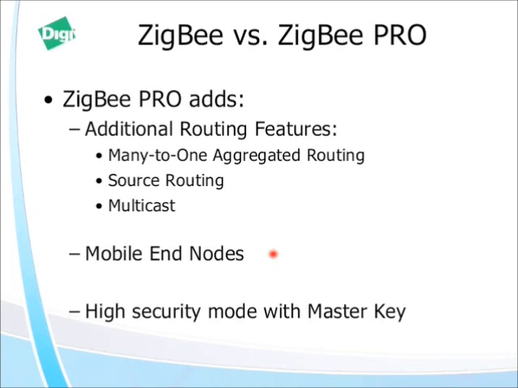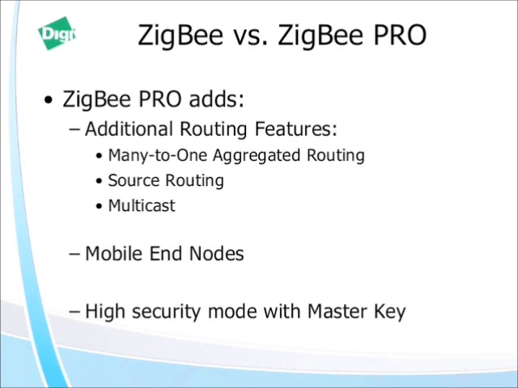Well, if you have some sort of a mobile device, be it a ZigBee node on a cart in a warehouse or in somebody's wristwatch or something like that, what you actually want is that device to very easily reparent itself on another router, and then possibly even disassociate itself when it goes back to sleep to allow for more of those types of nodes to assign to one router. That's what mobile end node device support is all about, and that's also supported within the ZigBee Pro spec.